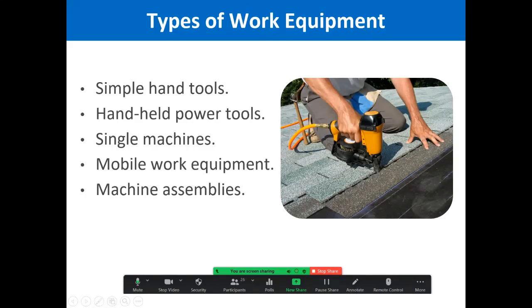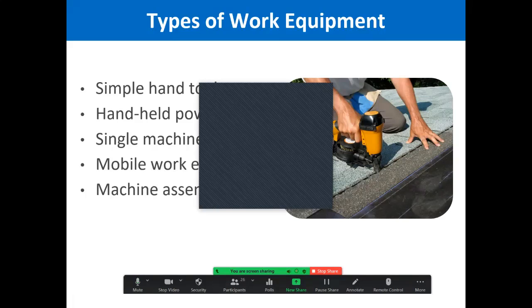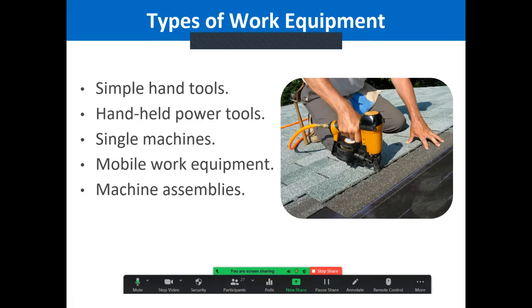A single machine is just one piece of equipment, and a machine assembly is basically a series of machines, just like in an assembly line where you have various manufacturing machines connected to conveyor machines. So in factories and manufacturing plants, you can have machine assemblies. These are the various types of work equipment commonly used in the workplace. Now we're going to discuss them one by one.